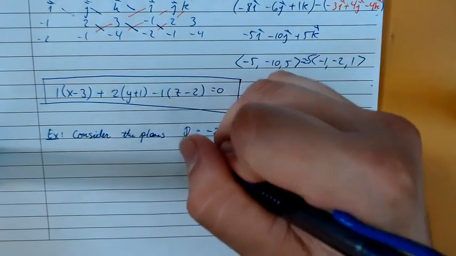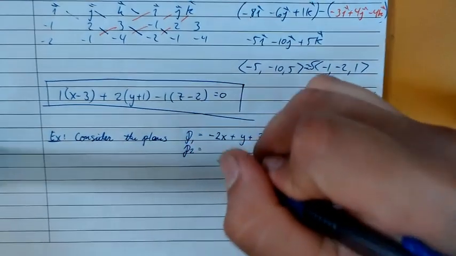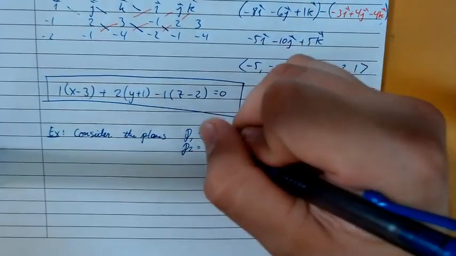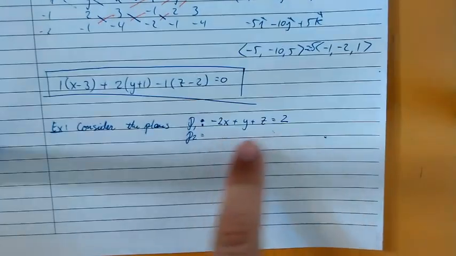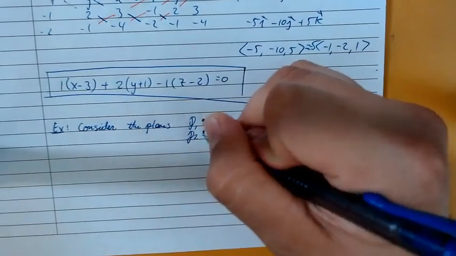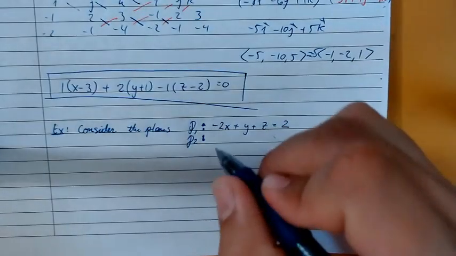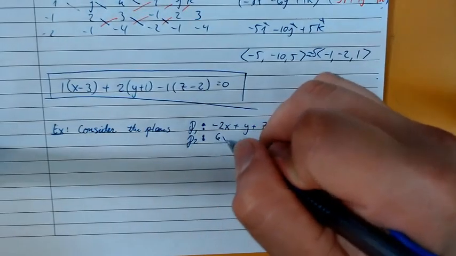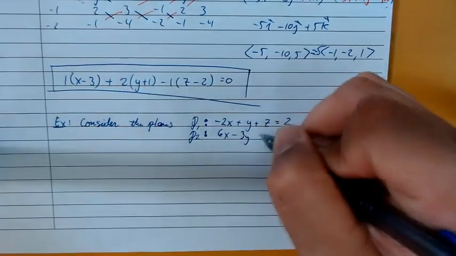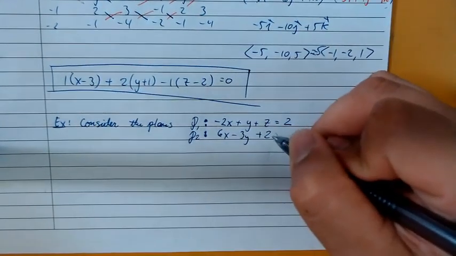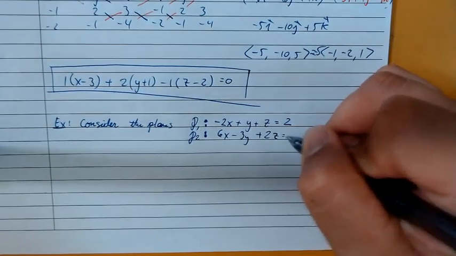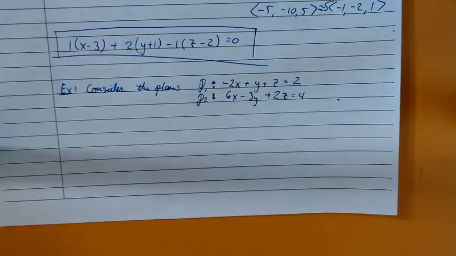And I'll say P2 is given by, I guess I shouldn't put equals there because that equals, right? So I'll say P1 and I'll say P2. P2 is 6x minus 3y plus 2z equals 4. All right, so consider those 2 planes.